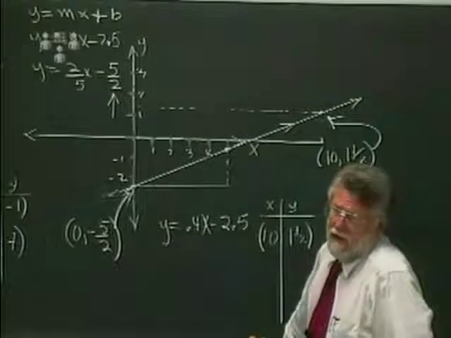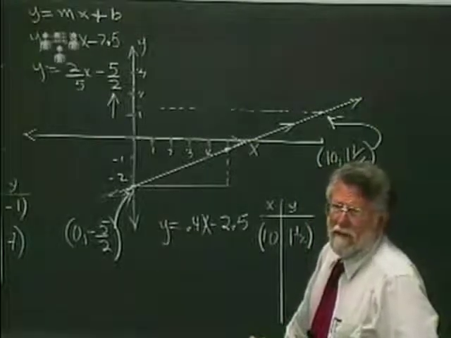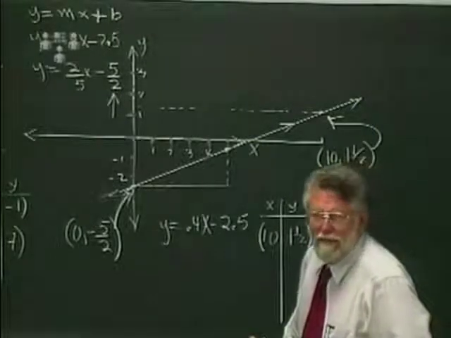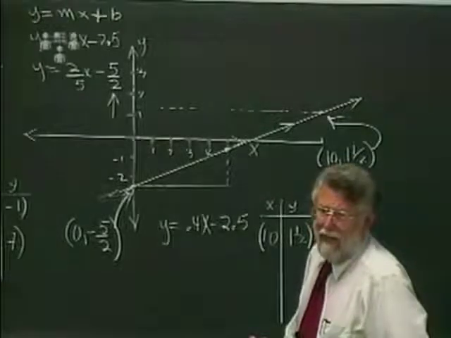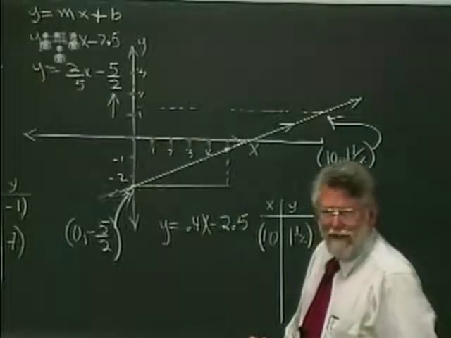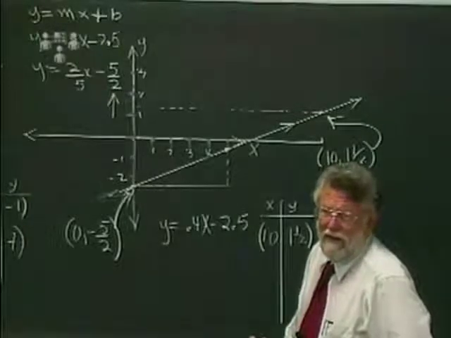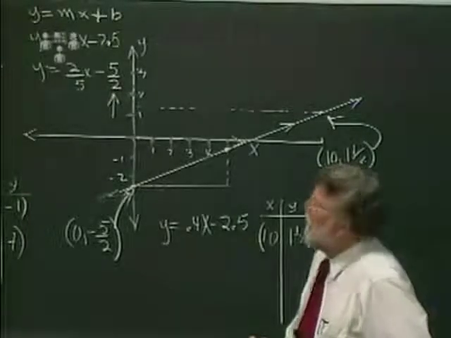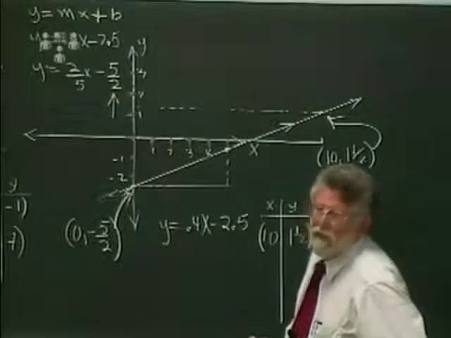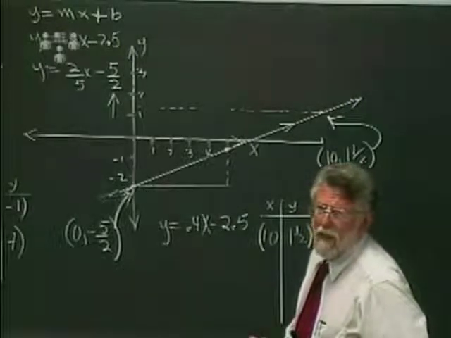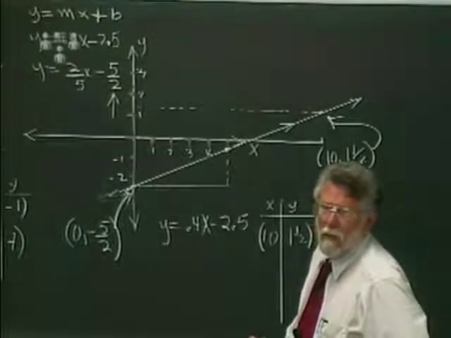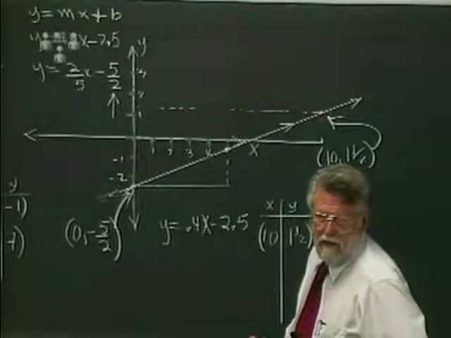If you didn't like 10, you could let x be what? Minus 10. You could let x be 100. And you wouldn't like graphing this. Okay? So the point being, as far as using the decimal, I can't remember a time when with decimals I would try graphing a line like this.